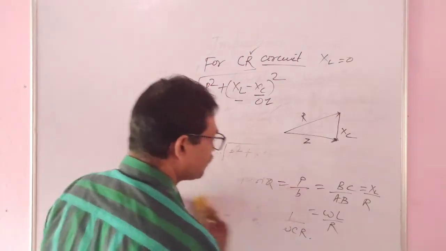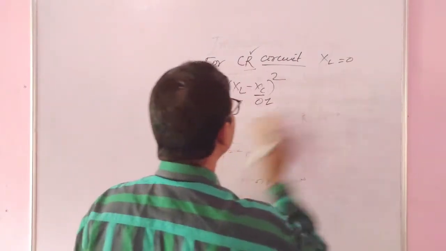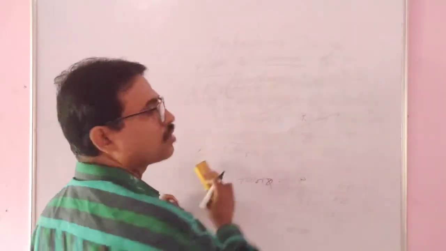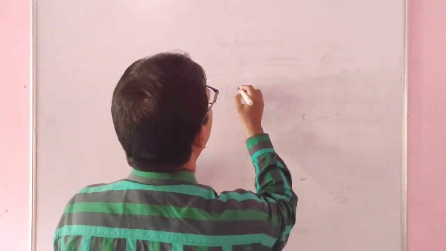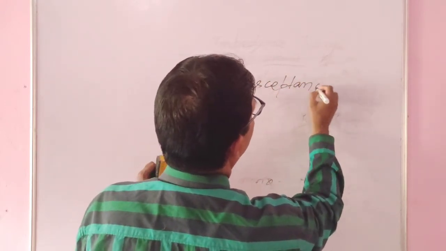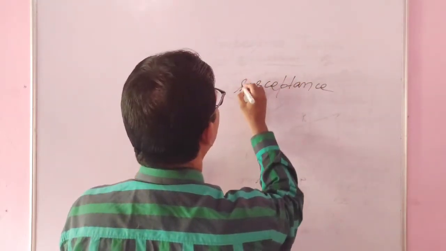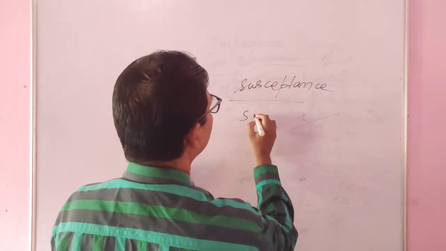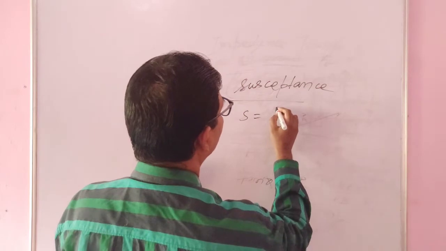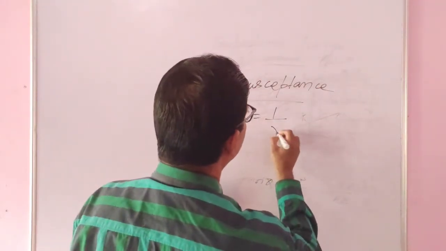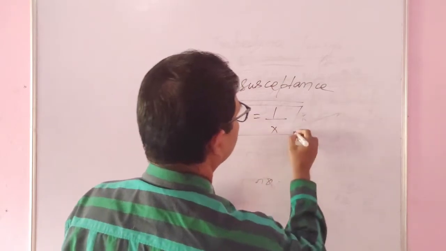Then coming to the point, the reciprocal of reactance is known as susceptance. So it is the reciprocal of reactance: 1 by reactance, you can take any symbol, this is susceptance.